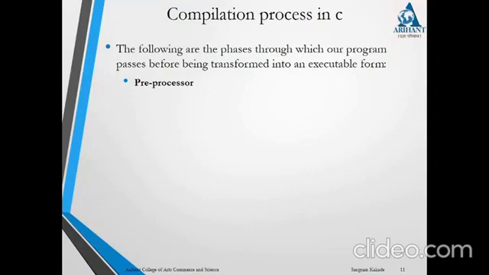This source code is first passed to the preprocessor. We don't have to pass it manually while compiling; while we are compiling the program, it is automatically passed to the preprocessor first, and then the preprocessor expands this code. When I say expansion, it means it includes the code which has been written in the header file.